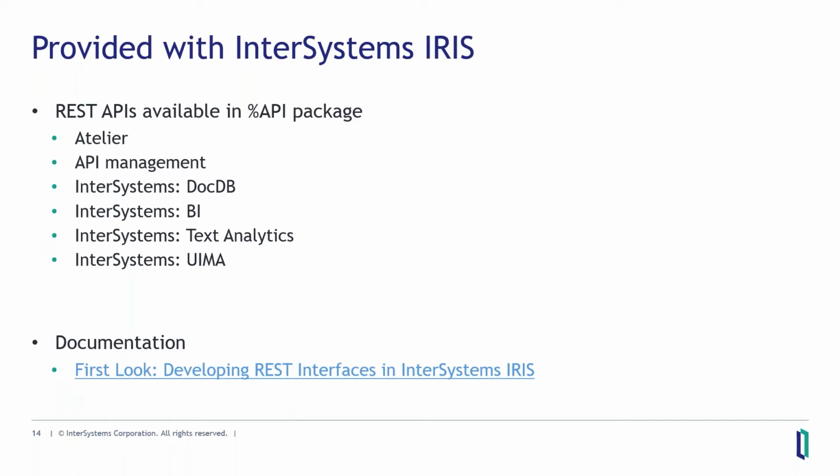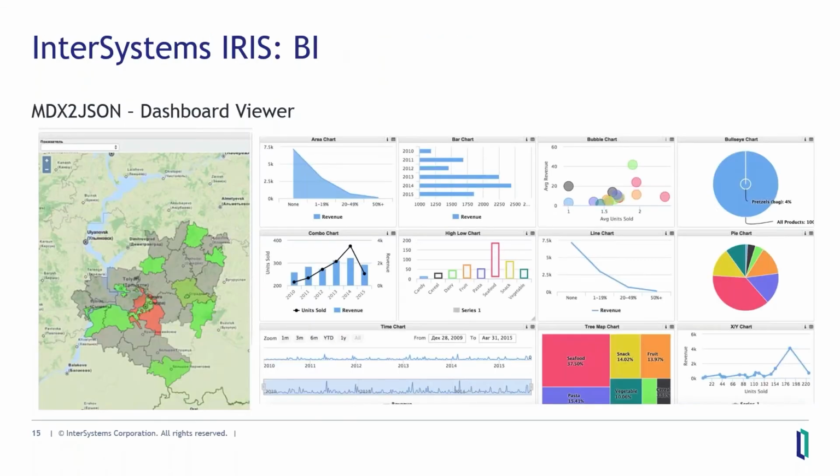Also in the documentation, you have a First Look at developing REST interfaces in InterSystems IRIS, which is a step-by-step guide on starting with your own REST API. And now I'd like to talk about some community open-sourced REST APIs which you can also download from GitHub.